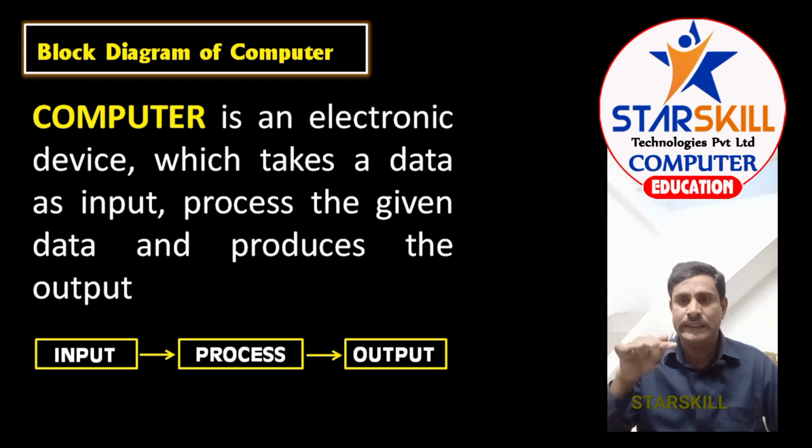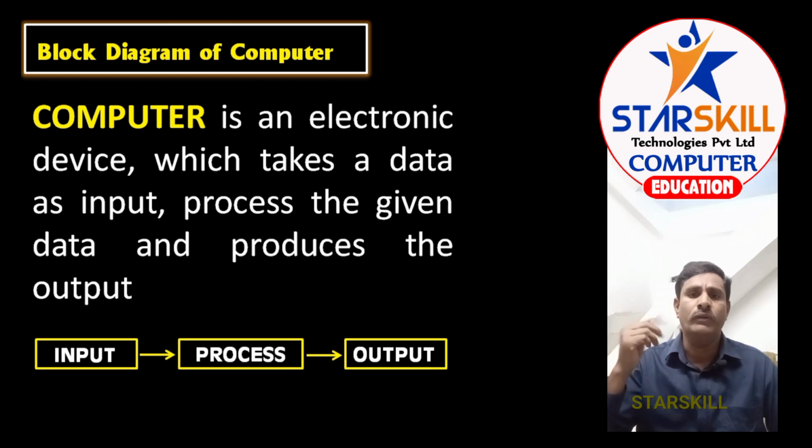Based on these three things your computer is working. Already you know that a computer is basically a machine. But how is the machine working? The computer is not a single device; it is made up of three different parts, or three different components. To give the input we use input devices.